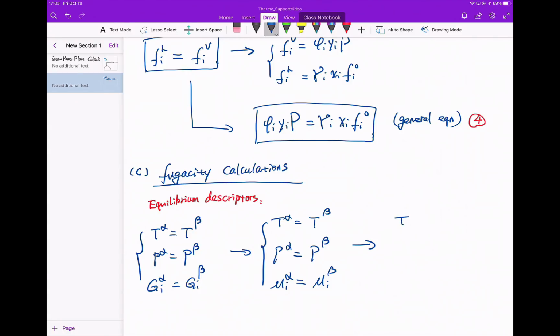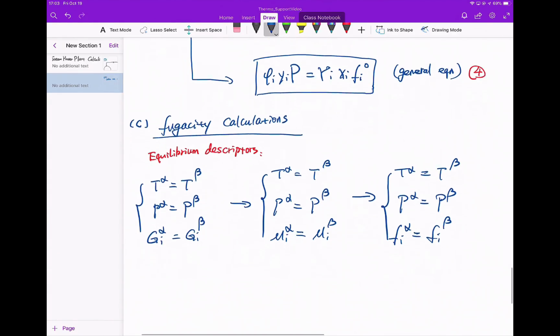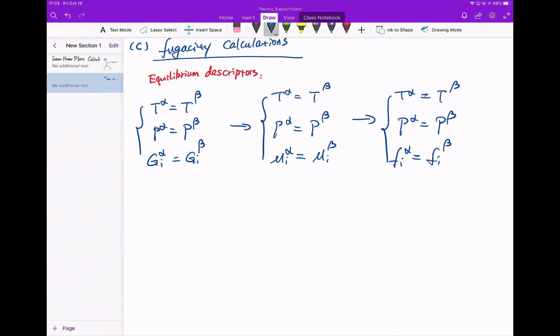We also proved this is equivalent to P alpha, P beta, fi alpha, fi beta. So this is why we want to measure temperature and pressure. We want to measure or calculate fugacity, so that we are able to say something of the system, whether it's already at equilibrium or not yet.